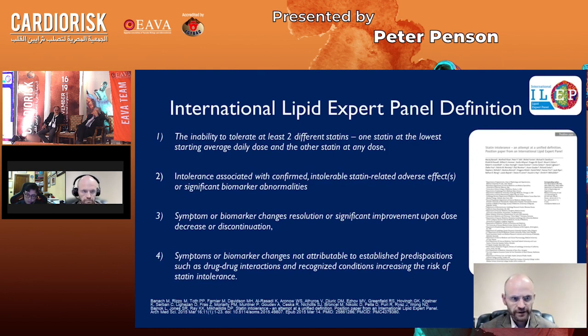It's intolerance which is associated with confirmed intolerable statin-related adverse effects, objective effects, including biomarker abnormalities. It's recognized when symptoms or biomarker changes resolve when the dose is reduced or the treatment is discontinued. And it's characterized by symptoms or biomarker changes that are not attributable to other diseases or conditions or predispositions such as drug-drug interactions or comorbidities.